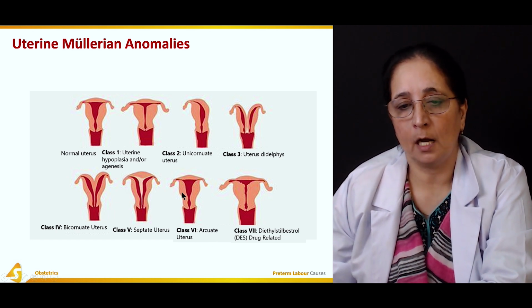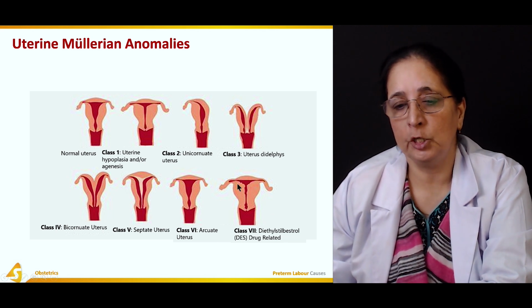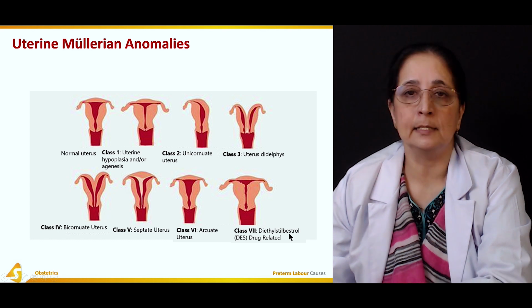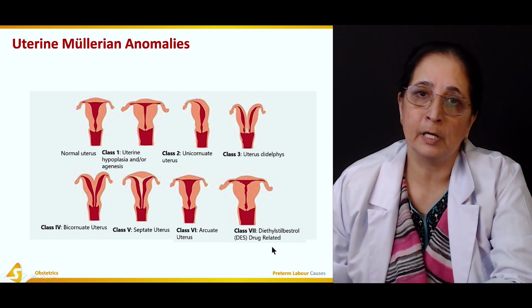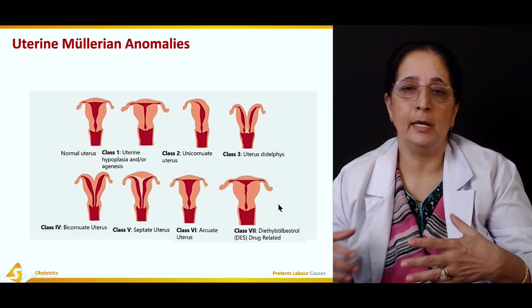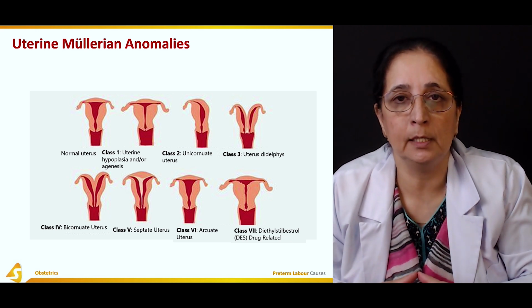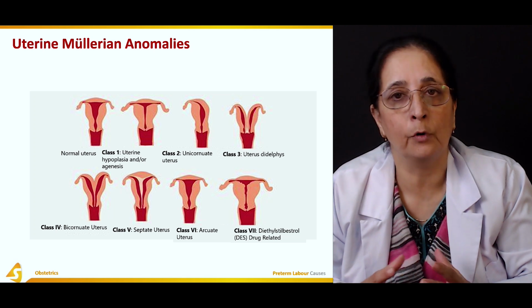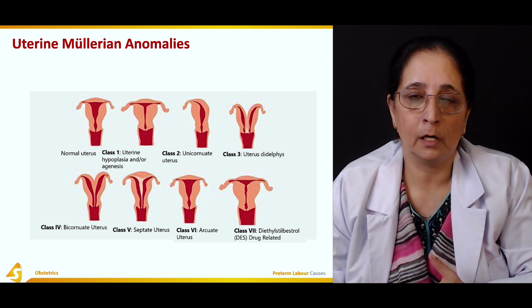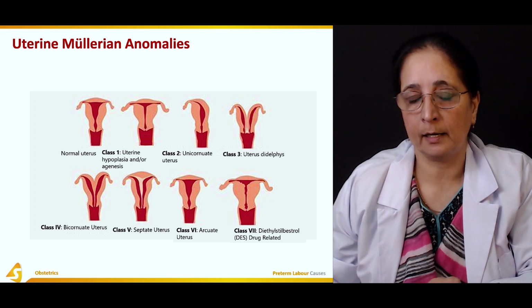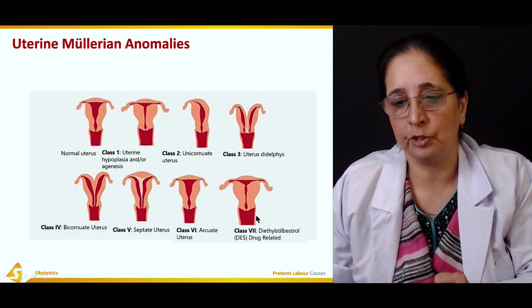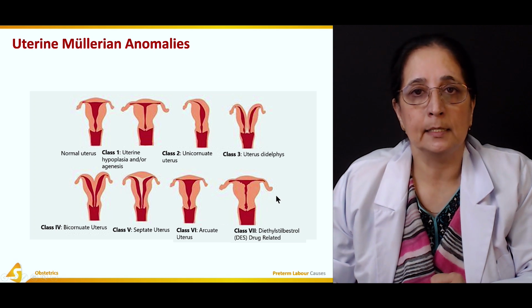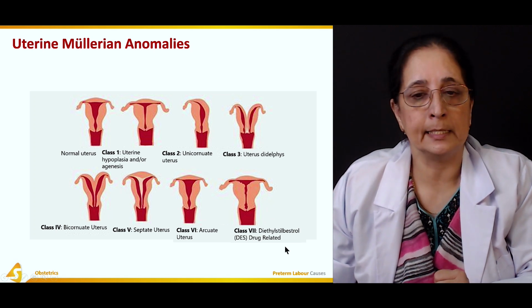Then we have the arcuate uterus, and this is the uterus which is a result of DES, diethylstilbestrol. Some females use this drug during pregnancy for abortion, and if abortion doesn't occur, this leads to complications. This is the picture that occurs as a result of diethylstilbestrol.